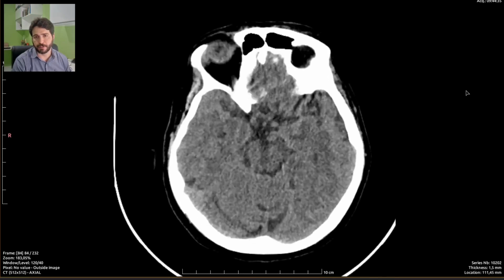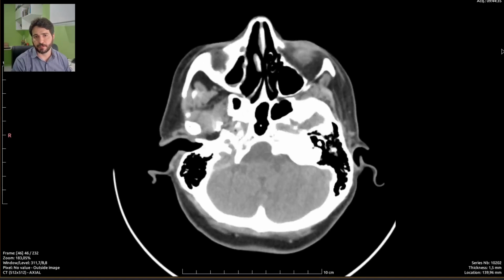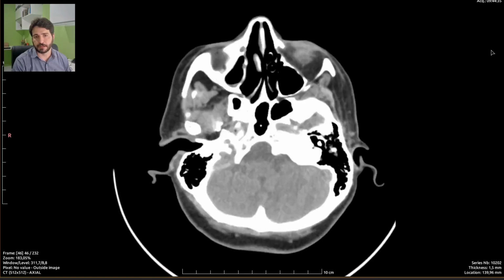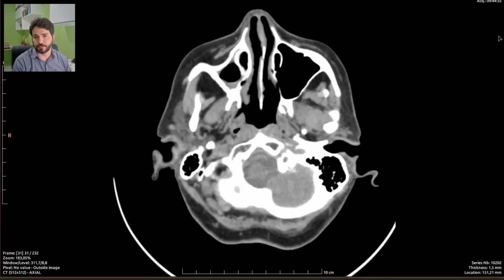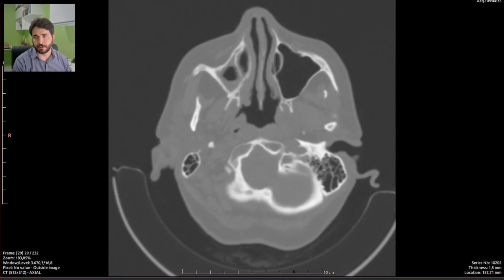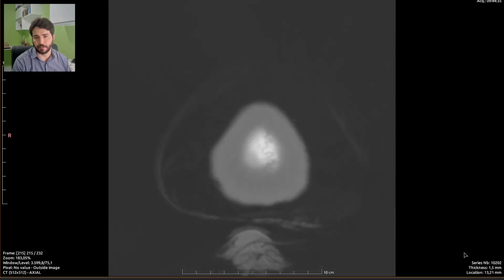So if the brain is fine, let's see the orbits, the eyeballs, the sockets, the masticatory spaces, the upper portion of the neck, bone window, look for bone lesions, fractures, and whatnot.